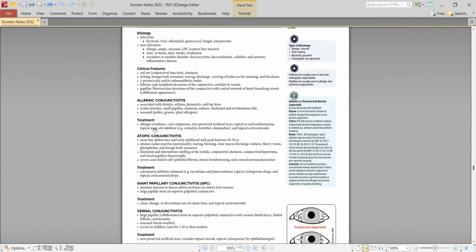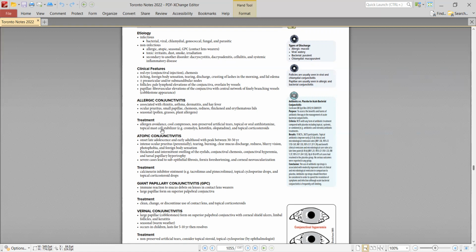Treatment. What is the treatment of allergic conjunctivitis? Avoid the allergen. Cool compress, not the hot compress. Non-preserved artificial tear drops, topical antihistaminics, oral antihistaminics, mast cell stabilizer: cromolyn, ketotifen, olopatadine.